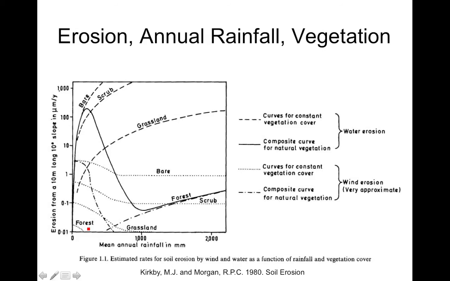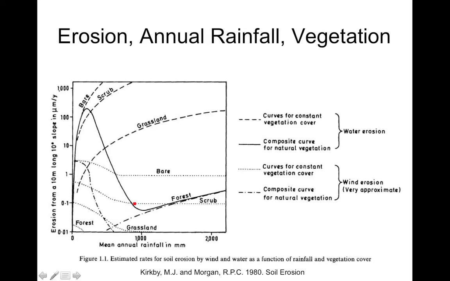And if you have a look at a map of the rainfall for Western Australia, most of Western Australia actually falls within that 200 to 400 millimetre zone, where, according to these guys anyway, there you have the greatest potential for erosion to occur. As the rainfall increases, then actually the erosion potential decreases.